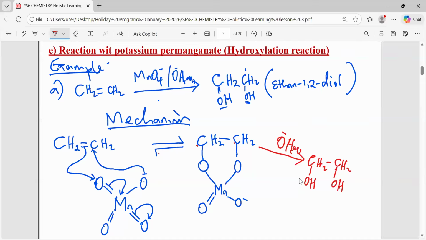But we shall look at it at another level also. Most of us who continue with chemistry at university will look at it in organic chemistry there. But for this level, we just end at this mechanism. When we move on, we can see how this manganese is breaking off, and then we have this diol.